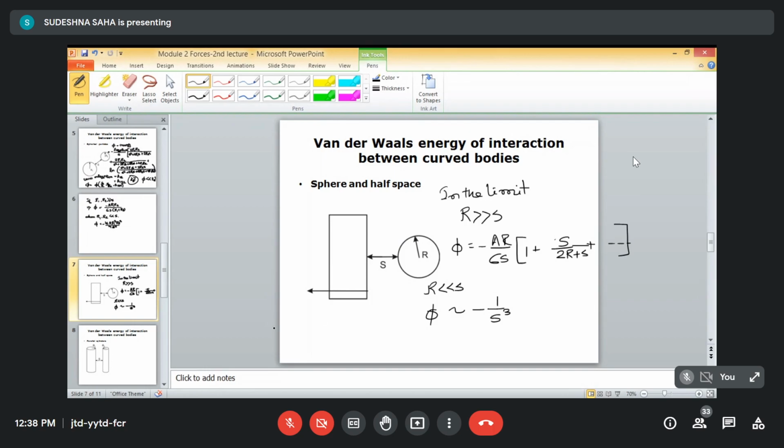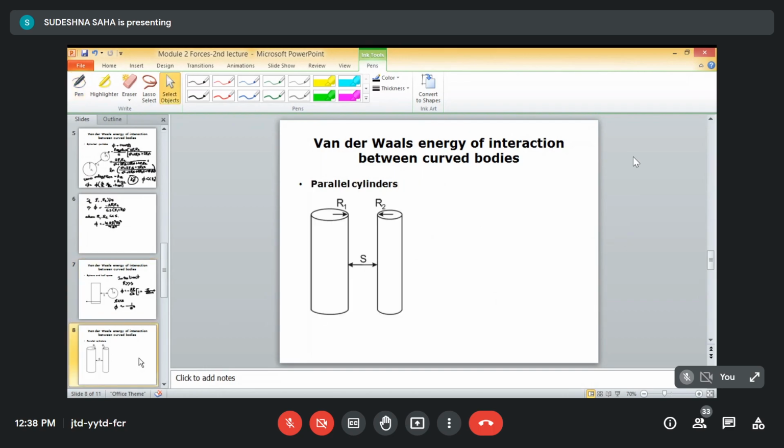then we will try to see what happens when we have two parallel cylinders. In this case also, the limiting conditions are what we go to, because the actual equations are very complicated. So just the limiting ones I'm writing over here.